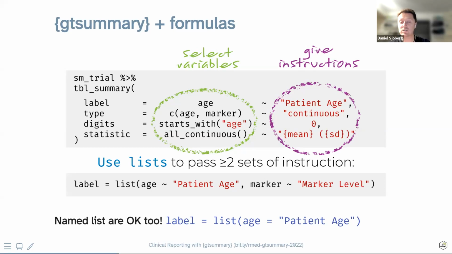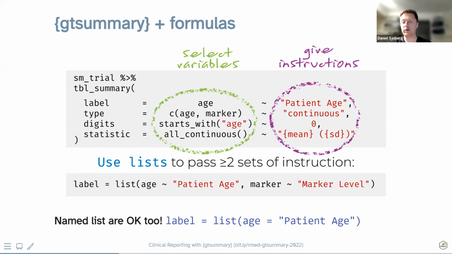You can see that we can use the tidy select selectors, like starts with, ends with, matches, contains, all of them work here. So this one says starts with age, and I want to summarize that to 0 decimal places. And then lastly, there are these custom gtsummary selectors that are meant to help you select groups of variables within a gtsummary table.